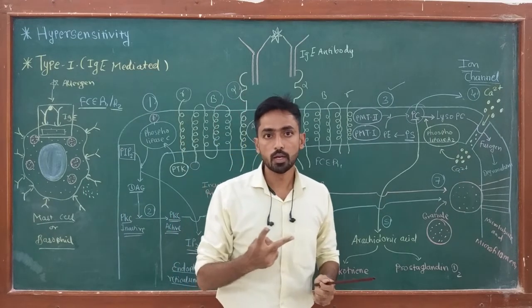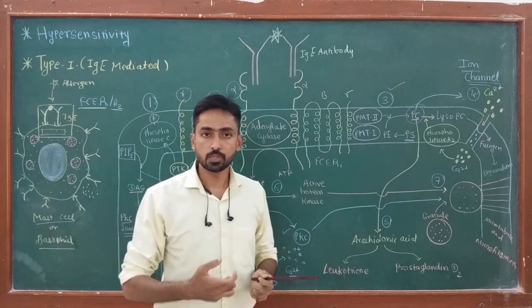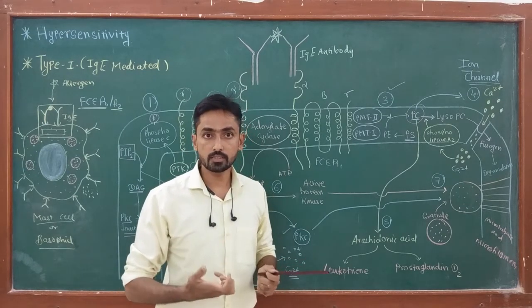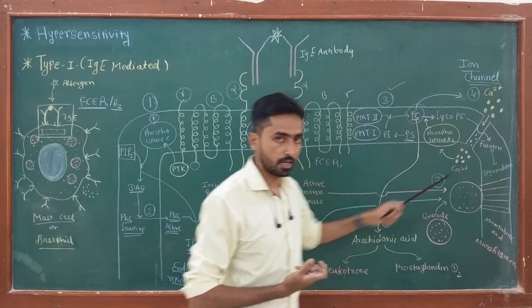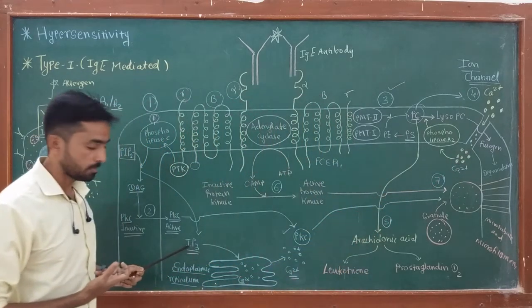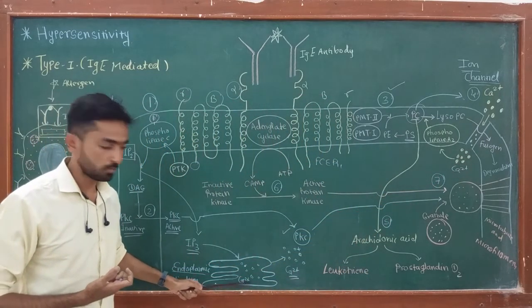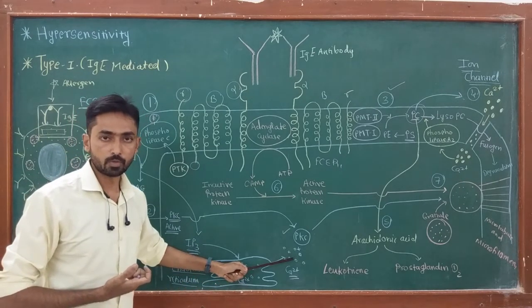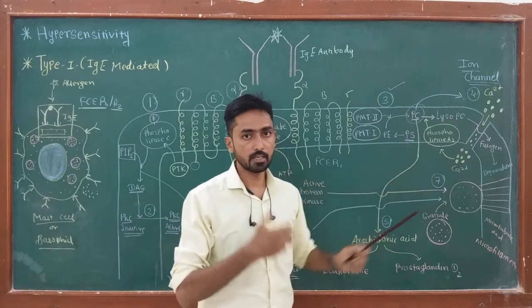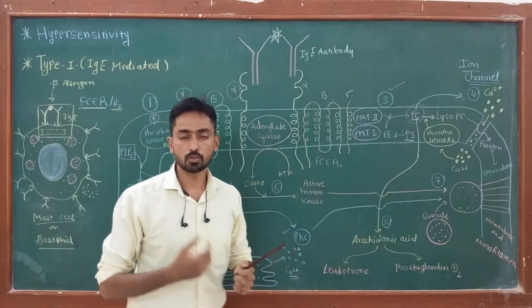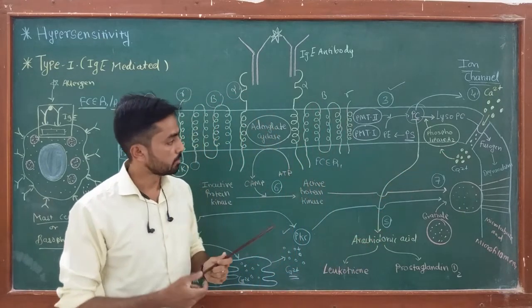So there are two mechanisms by which calcium ion concentration can be increased inside the mast cell. Number 1, due to formation of ion channels, and number 2, due to action of IP3 on the endoplasmic reticulum, which releases calcium. Both these reactions ultimately lead to increased concentration of calcium inside the mast cell.